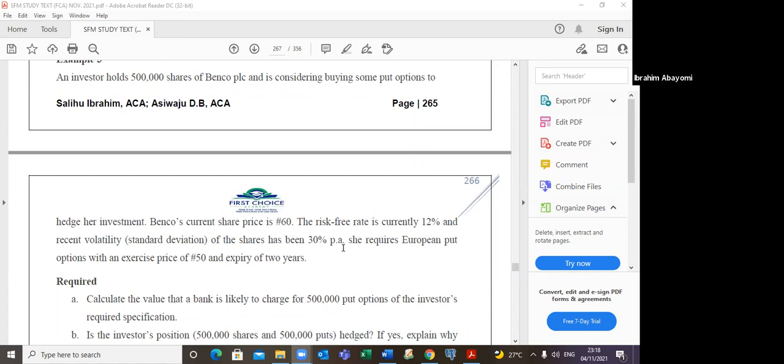She requires a European put option with an exercise price of 50 naira and expiry of 2 years. Required: calculate the value that a bank is likely to charge for 500,000 put options of the investor's required specification.